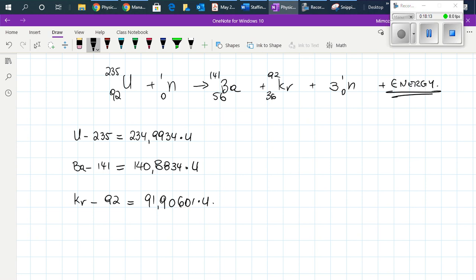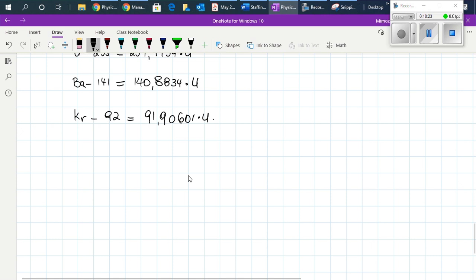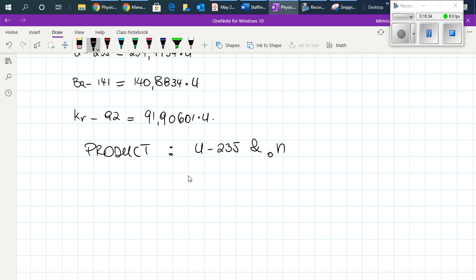Okay, so now let's calculate the mass of the reactant and the difference between the mass of the products and the mass of the reactant. On the reactant side, we have uranium-235 and a neutron.